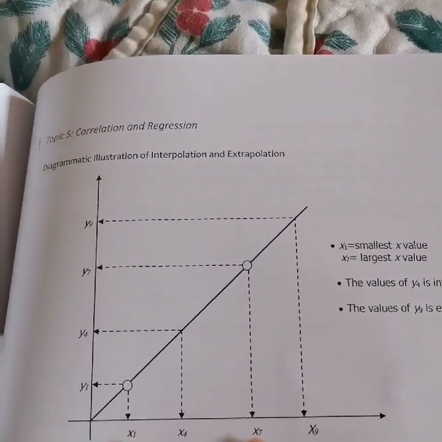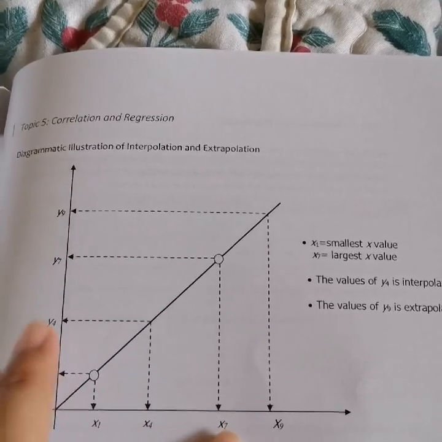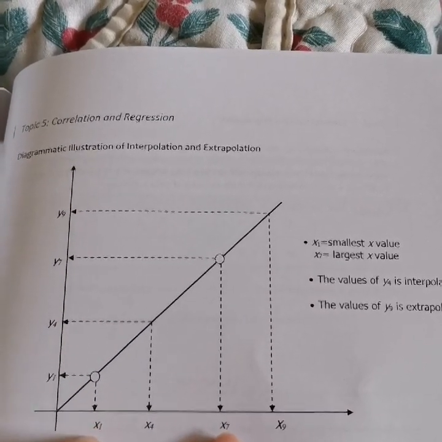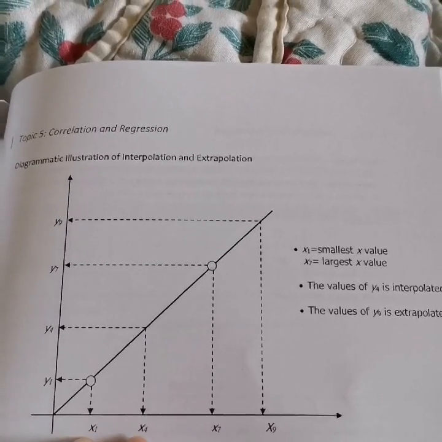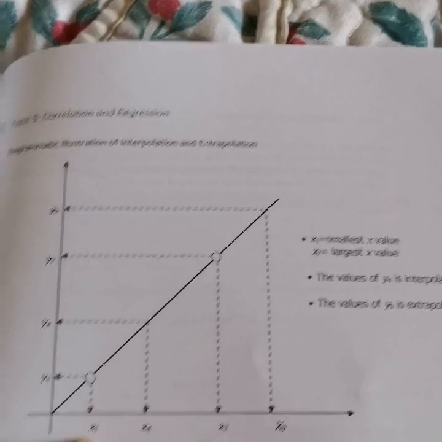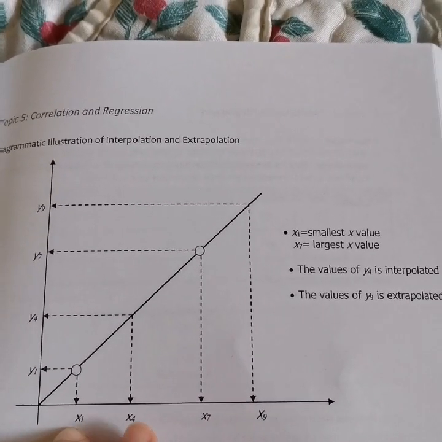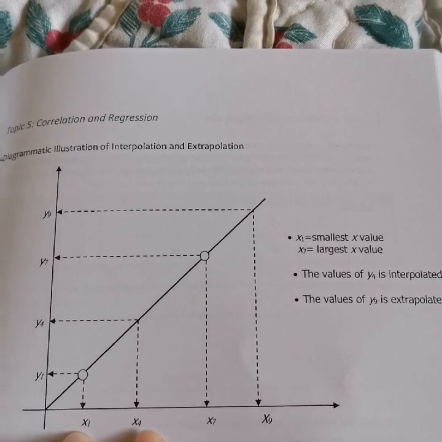If you are trying to find out the value of y given x4, and x4 is in between the range of data that you have, x1 and x7, it is an interpolated forecast.